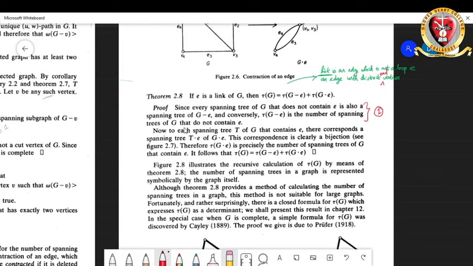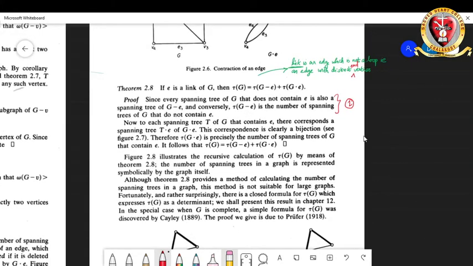For the proof, we consider the number of spanning trees of G that do not contain E. Every spanning tree of G that does not contain E is also a spanning tree of G minus E. So the number of spanning trees of G that do not contain E is nothing but the number of spanning trees of G minus E. That is the first observation we make.